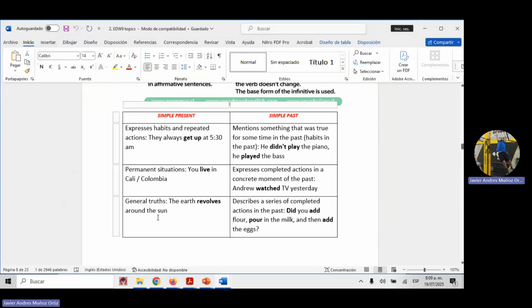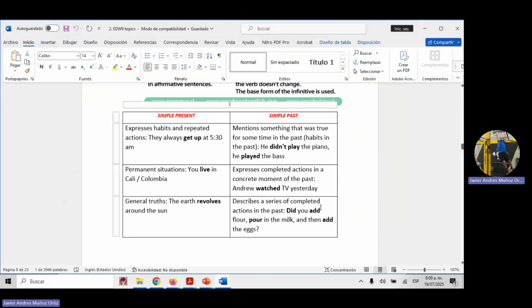On the other hand, the simple past tense mentions something that was true for a period of time in the past. So we are talking about habits in the past. That's the first situation. The second reason why we study simple past tense is because we want to mention that an activity or an action started and finished at a specific moment in the past.